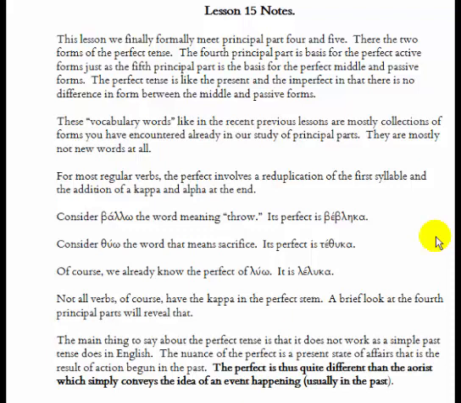You would say I came to discuss completed action in the past. Where would you say I have come? What are you really saying when you say I have come? You're saying basically I'm here right now, having just arrived, having just come from somewhere else, wherever it was I came from.